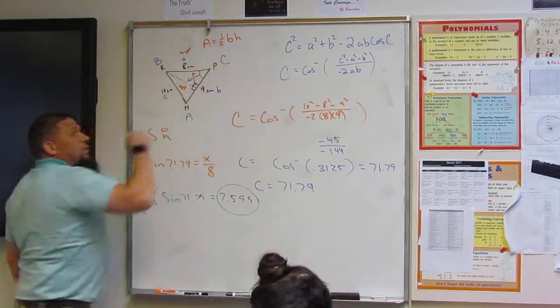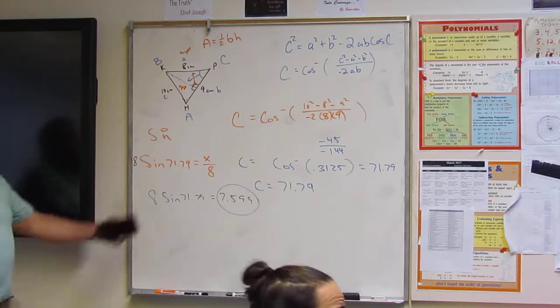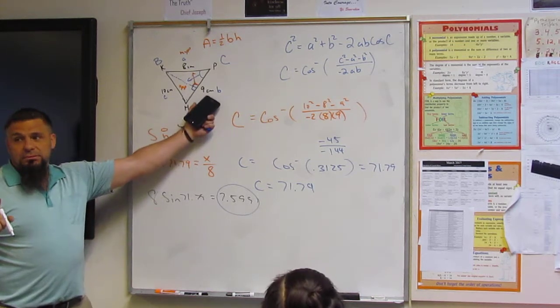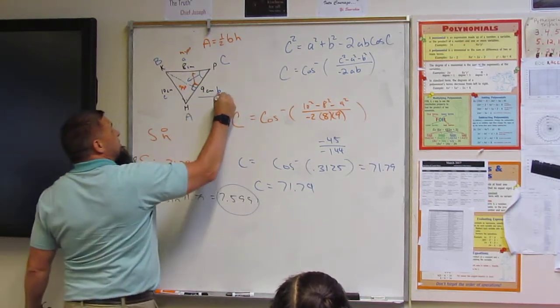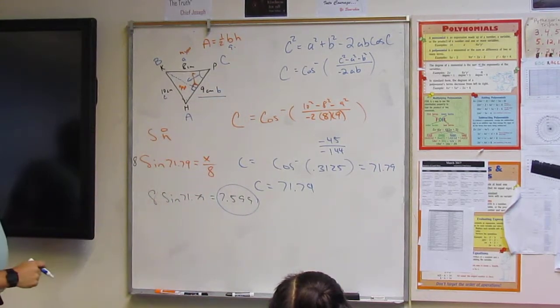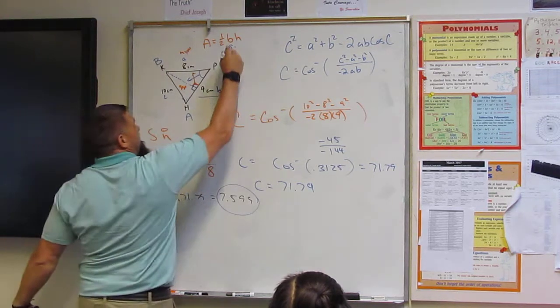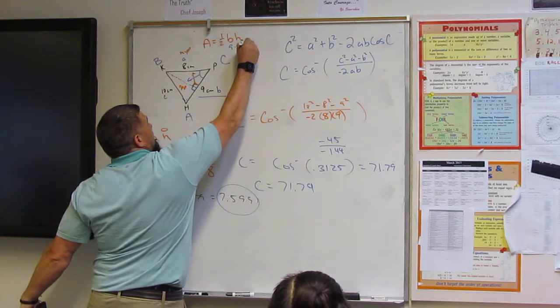So the base, which one was our base? 8? No. Oh wait, sorry, yeah. So base is 9, so it's 1/2 times 9 times the height, which is 7.5 or 7.6, right? Okay?